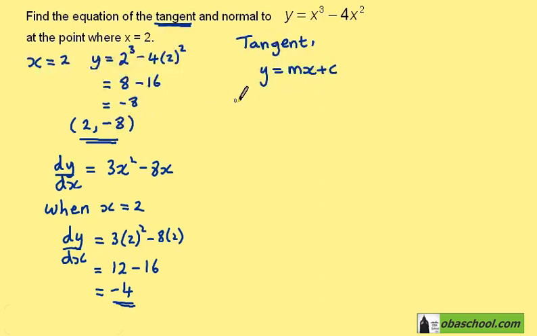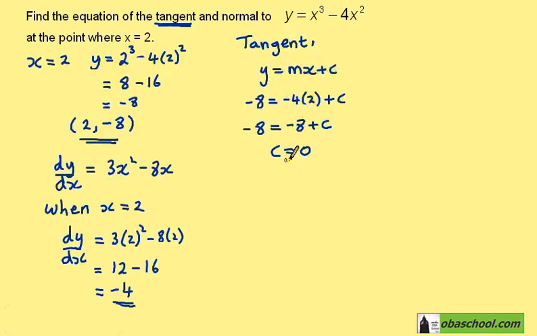Using the coordinates, we can substitute in y is minus 8, the gradient we know is minus 4, and the x coordinate is 2. This enables us to work out the value of c. So minus 8 is equal to minus 8 plus c, giving us c is equal to 0.